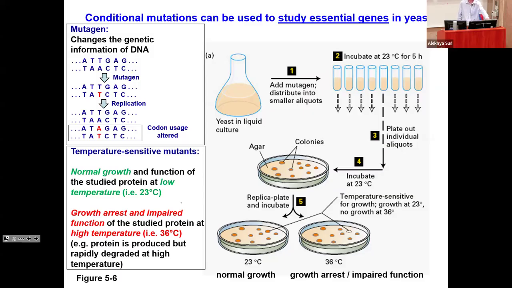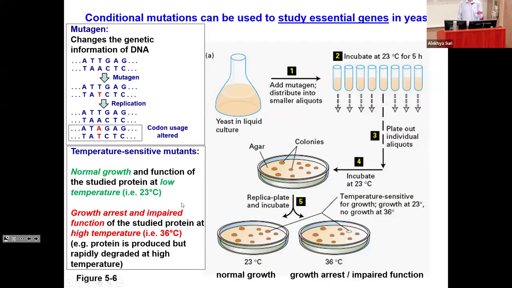So you see here, there would be one pair, thymidine, adenine. Say adenine would be changed to thymidine, and then following replication, you see that the sequence has changed now. So when you do this, codon usage would be, for example, altered in this sequence.